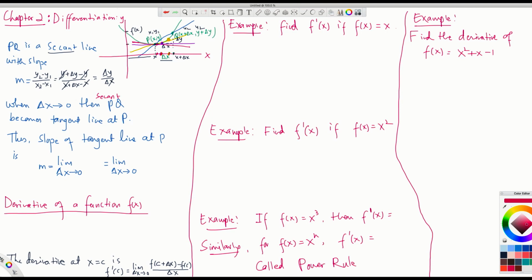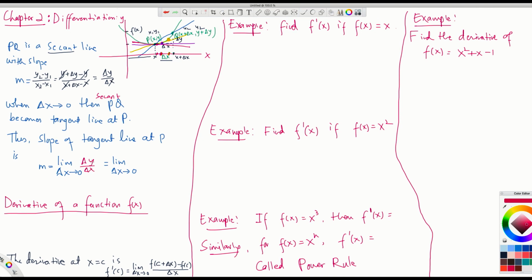This is the point P. The slope of the tangent line at P, in that case, will be m equals the limit as delta x tends to 0, meaning we are taking delta x very small, of the same slope, because that point is x, y and that pink point will be x plus delta x, y plus delta y, right? And the slope will be exactly the same. So it will be delta y over delta x. This is the slope of the tangent line.